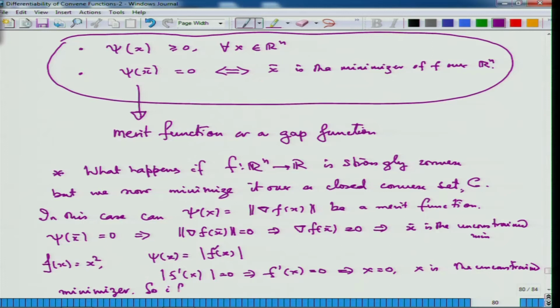So, if we minimize f x equal to x square over C equal to the interval [1, 2], then phi x equal to the absolute value of f dash x does not work.